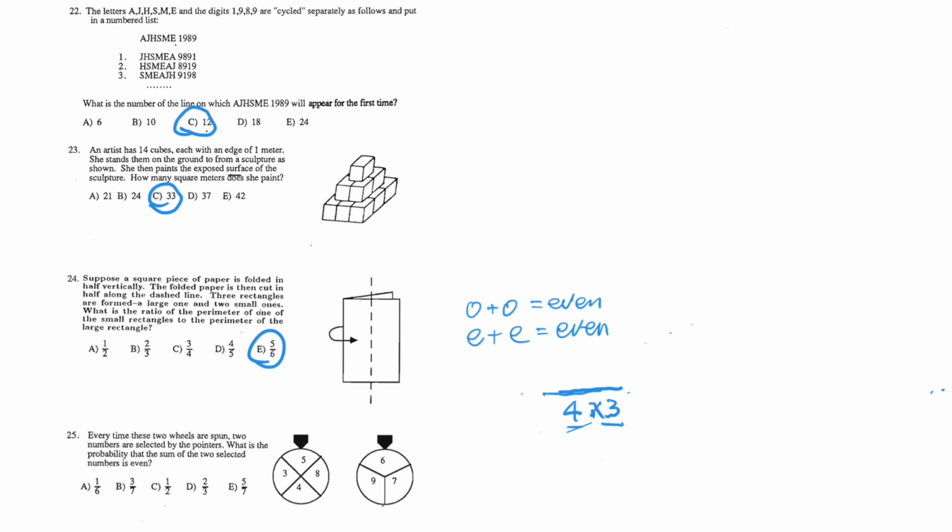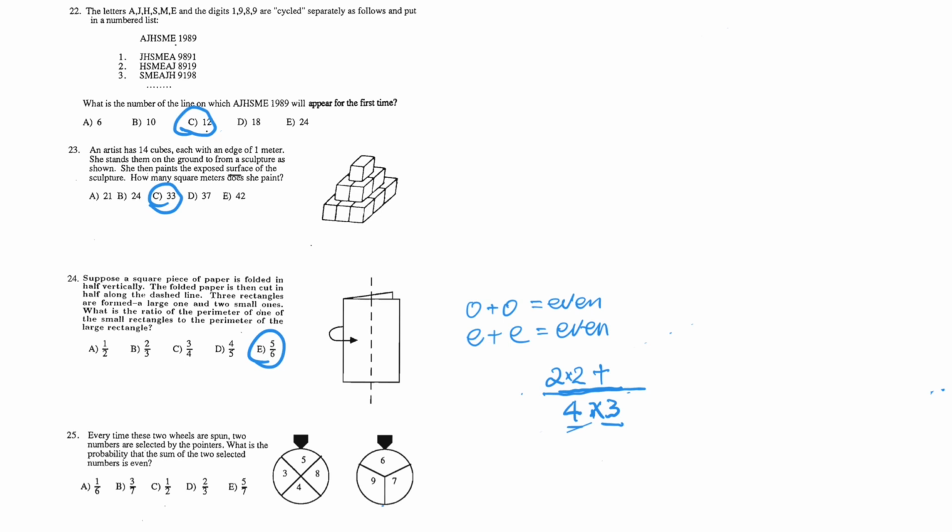For the even sum, the first case is both odd. If both spinners are odd, the first spinner has 3 and 5, 2 choices for odd numbers. The second has 1, 7 and 9, still 2 odd numbers. So the total is 4 cases.